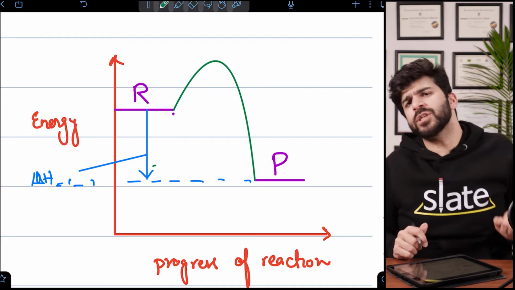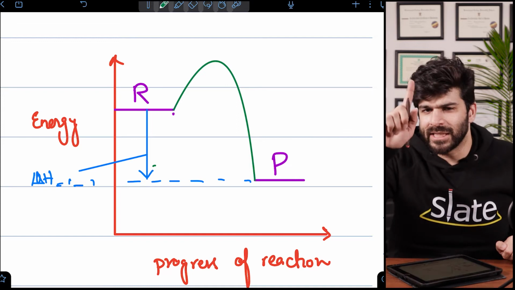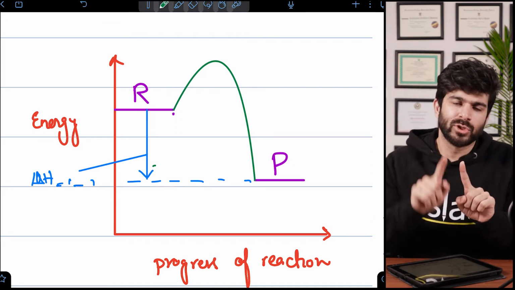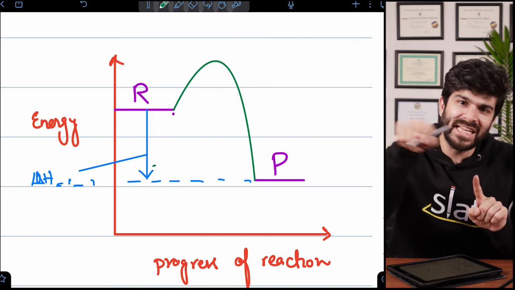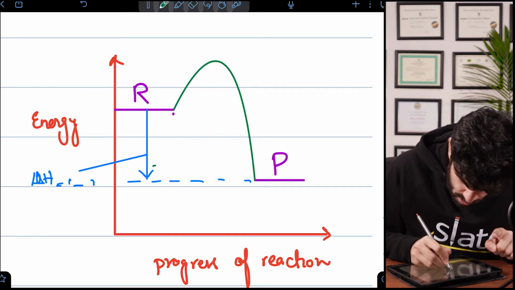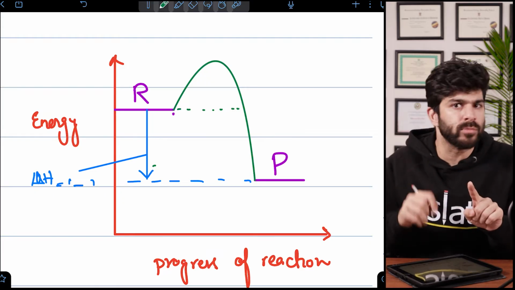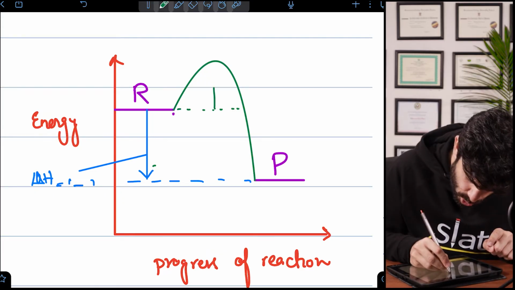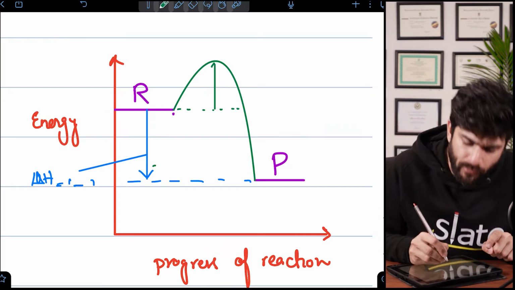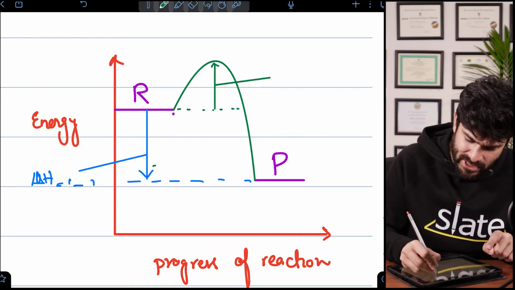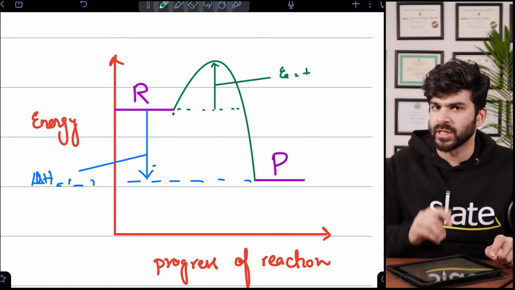So how much is the activation energy, students? As I said, energy needed, so it's endo, and by the reactants. So they will start off from the reactants, not from the products. So the arrow will go upwards from the reactants. That's activation energy, and that's always positive.